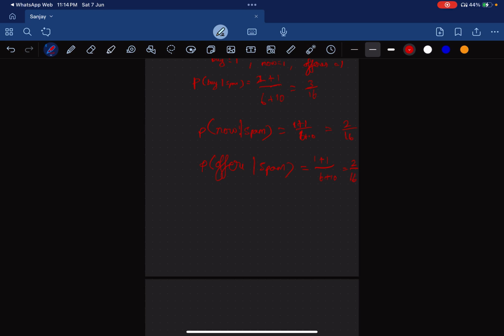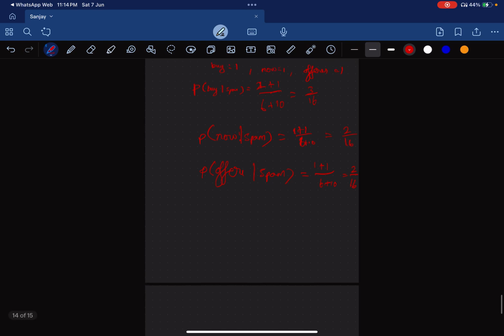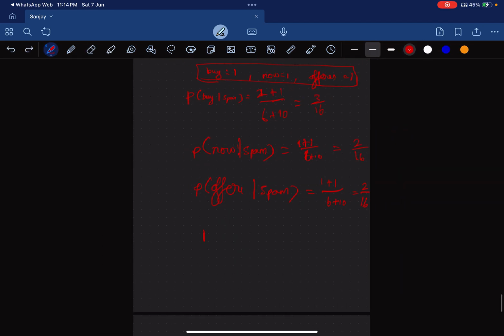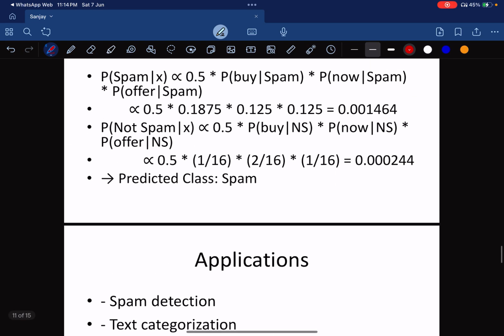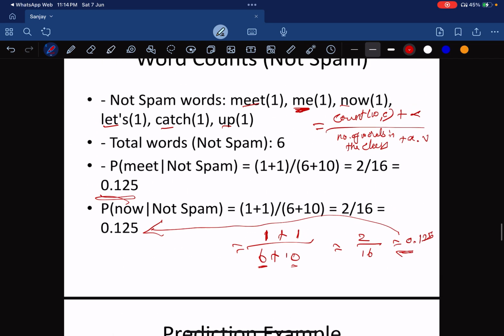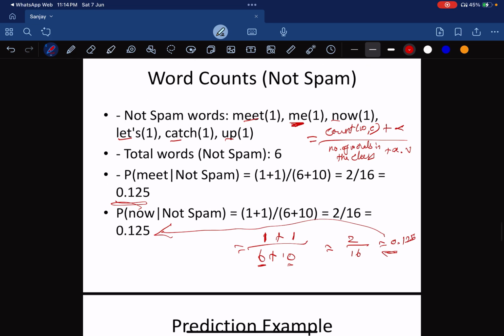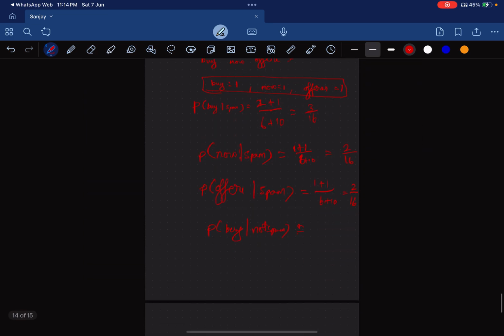In the first class, the spam class, we computed these. Similarly, we pass this data into the not spam class. Like P of "buy" in the not spam class. Does "buy" occur in that class? Let me check. No, there is no occurrence of "buy", right?